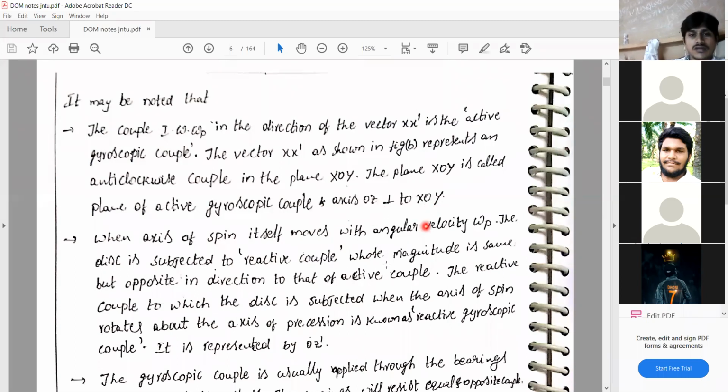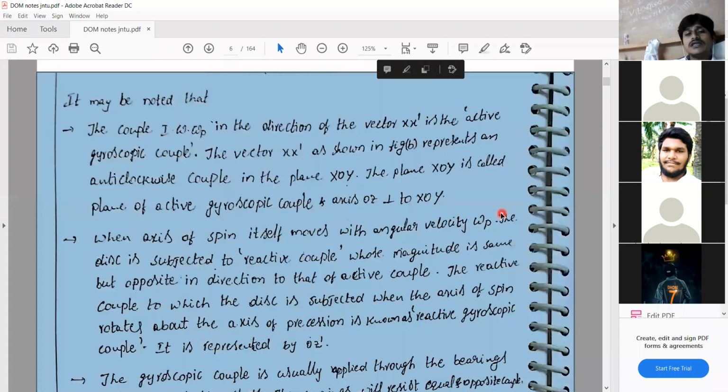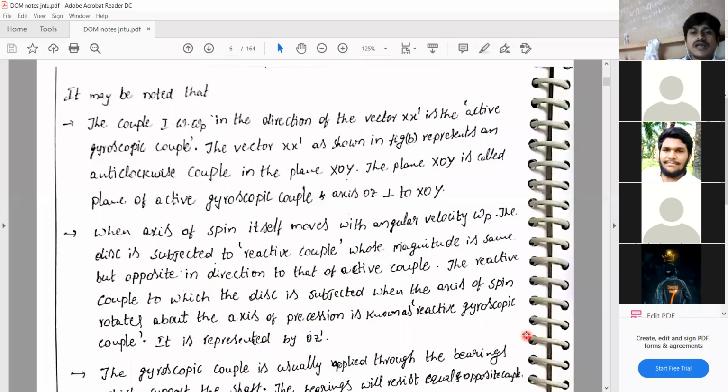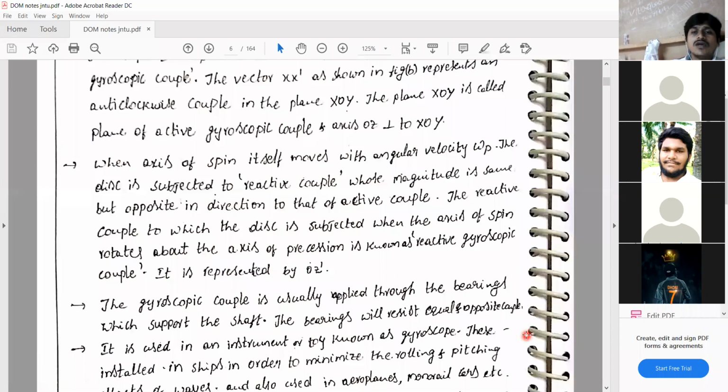Now going to the second case, when the axis of spin itself moves with an angular velocity omega p, the disc is subjected to a reactive couple.